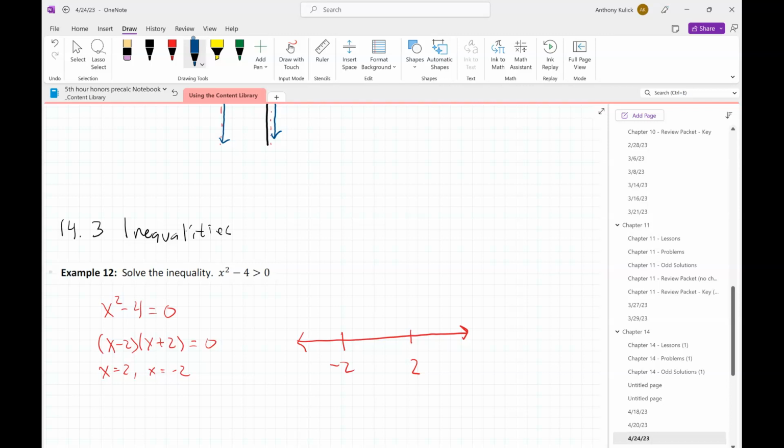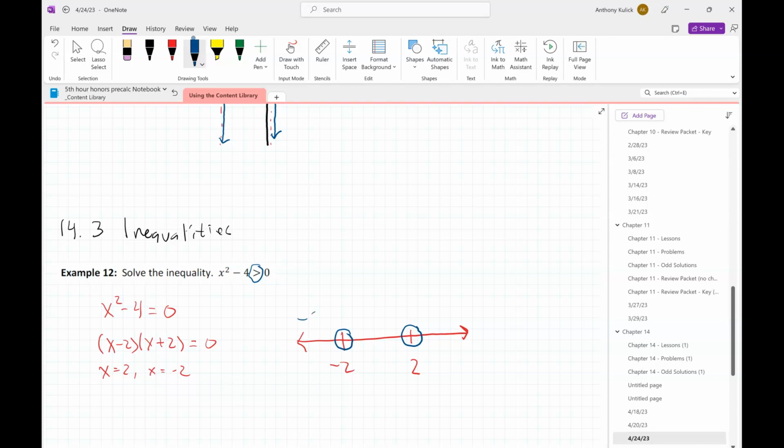Since this says greater than or equal to 0, should 2 and -2 be included? No, because that's where the function is equal to 0 at. So I'm going to put an open circle there, just like when we graphed inequalities way back in pre-algebra, to indicate that that value is not included. Everybody's good so far?